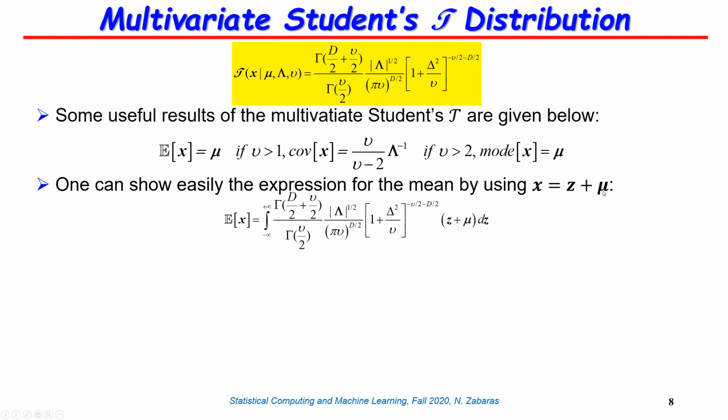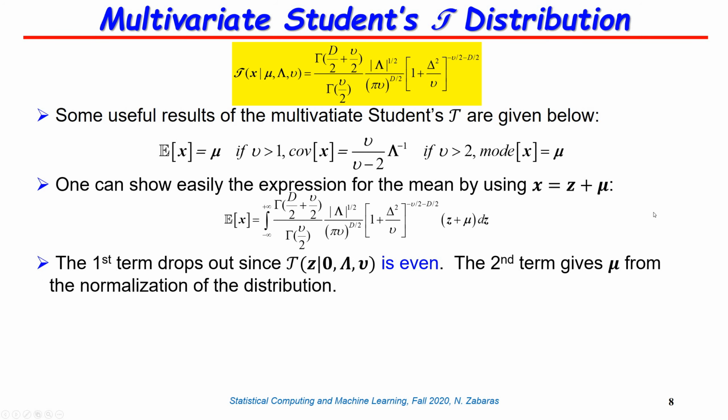All right, it's going to simplify the algebra, and the first integral that multiplies z by this term is going to be 0 because this is an odd function, this is an even function, and the other integral, the mu, will come outside, and everything else will be actually the student t distribution that when you integrate in z gives you 1 because of the normalization. So immediately you see that the expectation of x is equal to mu, all right? Just this transformation alone is sufficient to give you the required answer.